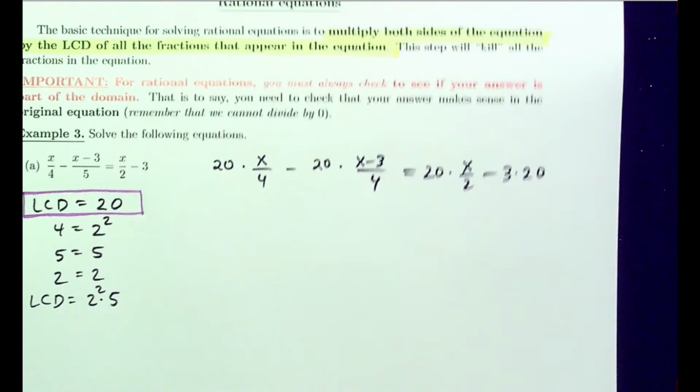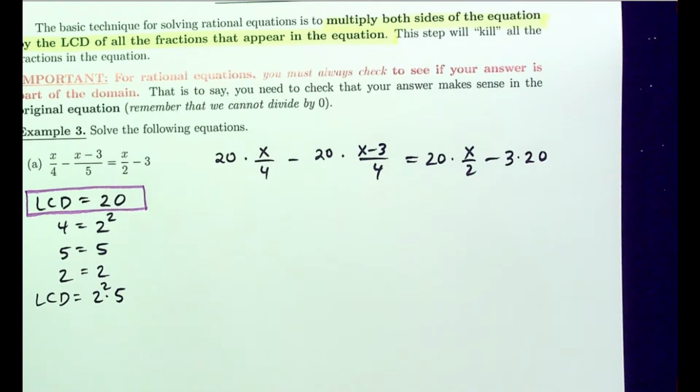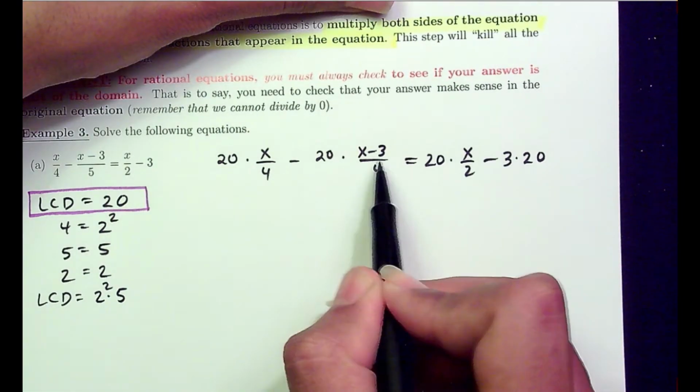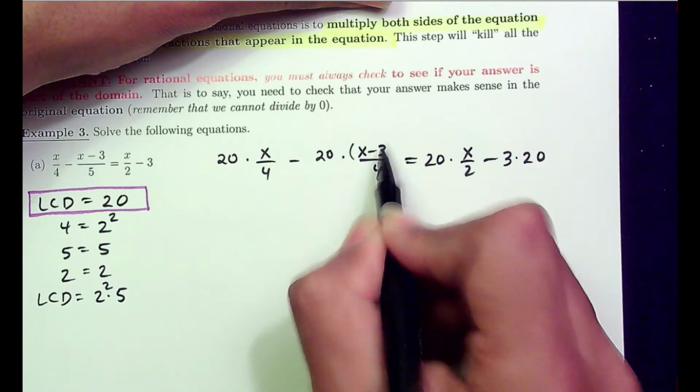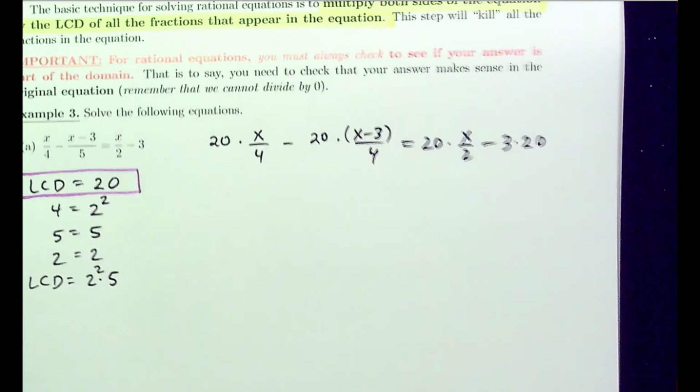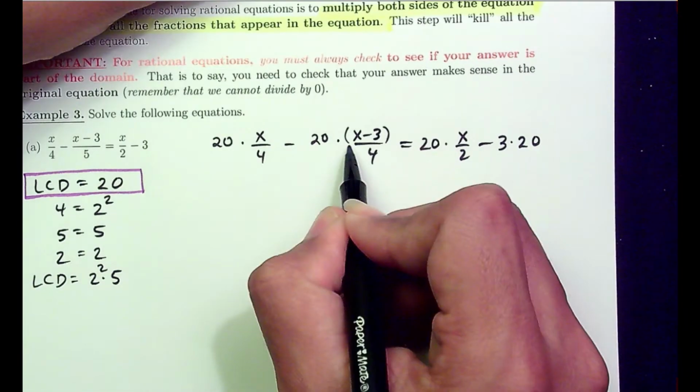Okay, so I multiplied every single term by 20. Normally, when you have multiple terms in the numerator like that, you might want to put parentheses because it might confuse you, make you make a mistake.